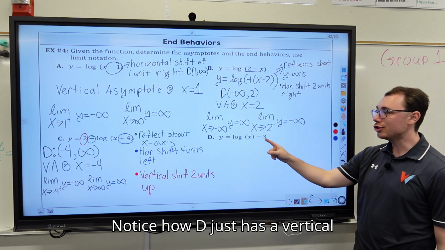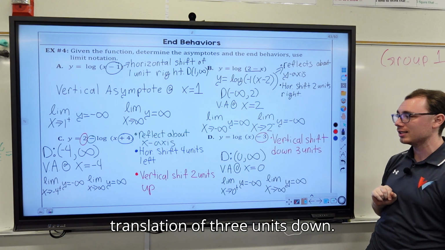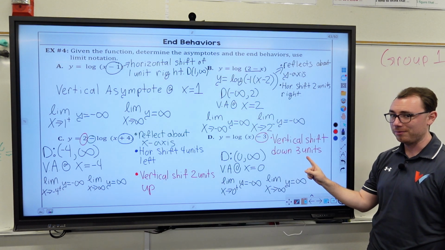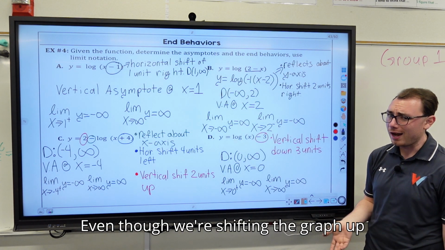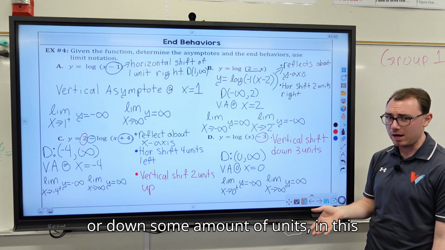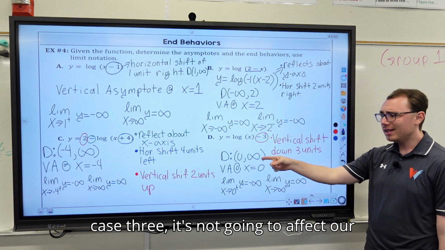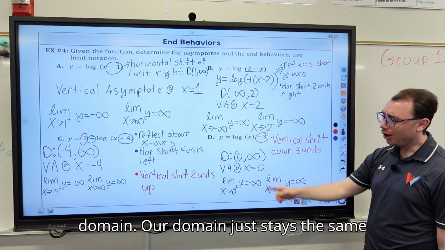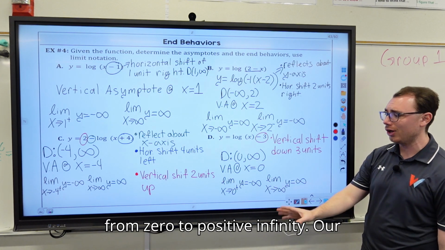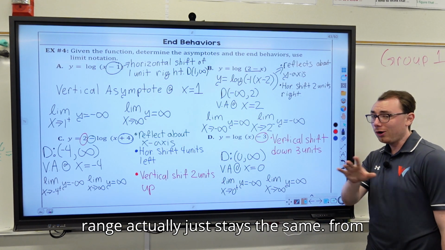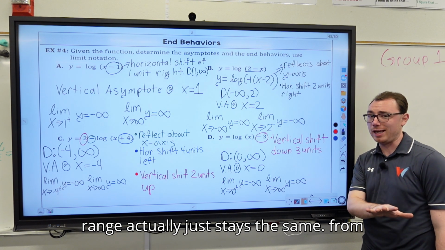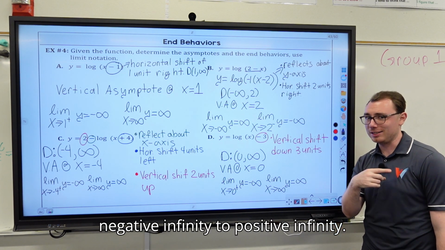Notice how D just has a vertical translation of 3 units down. Even though we're shifting the graph up or down some amount of units, in this case 3, it's not going to affect our domain. Our domain just stays the same, from 0 to positive infinity. Our range also stays the same, from negative infinity to positive infinity.